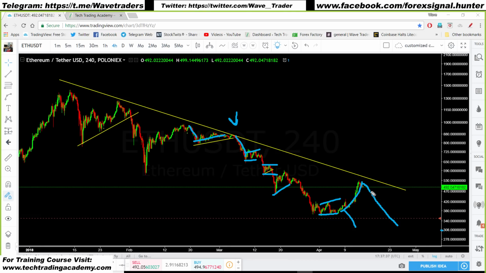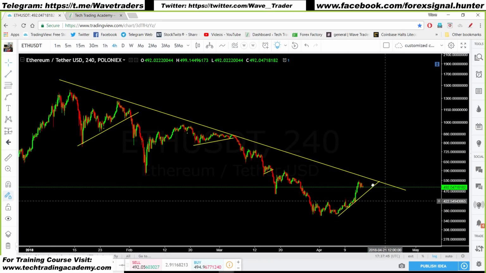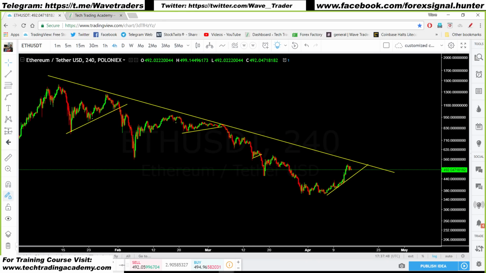For that sell, if you are looking to sell, first of all, you need to look for this to break down on the lower time frame. Correction, like these corrections, short-term sell, new low, and then look for it to go back up.